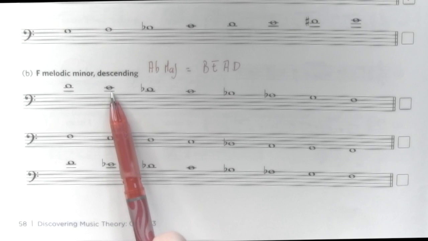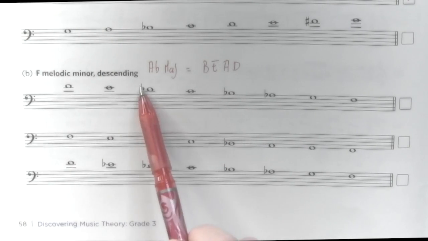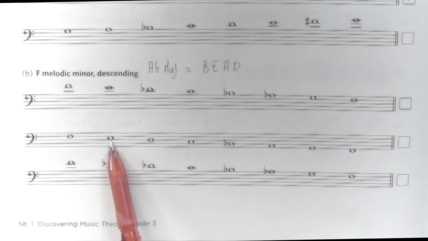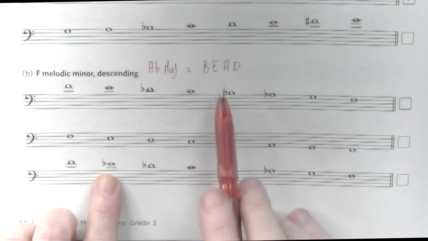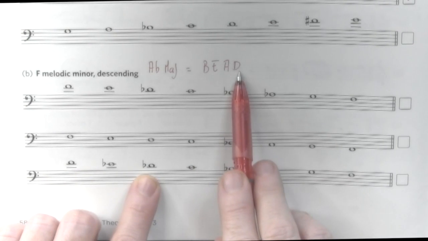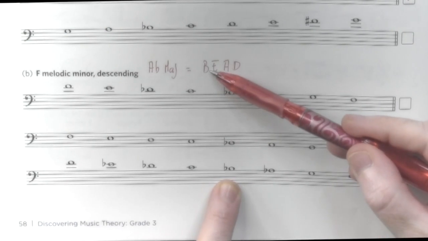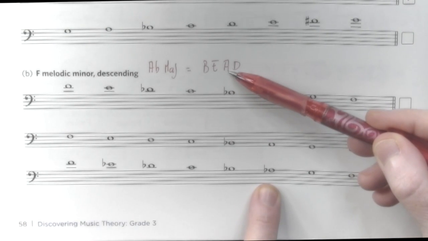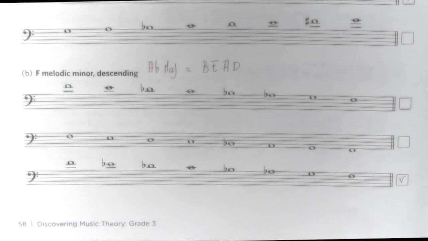Fa, Mi, not flat. This is incorrect. This is also incorrect. So the only correct answer must be this, but let's check the notes. Fa, okay. Mi, flat. Re, flat. Yes. Do, B flat. Yes. A flat. Here it is. Sol and Fa. Perfect. This is the right clef. Perfect.